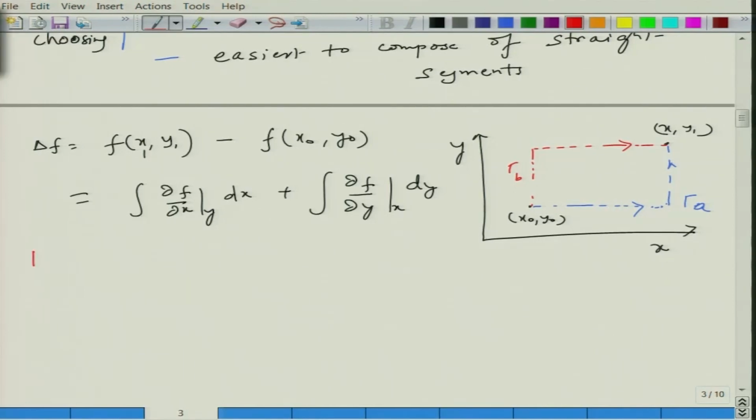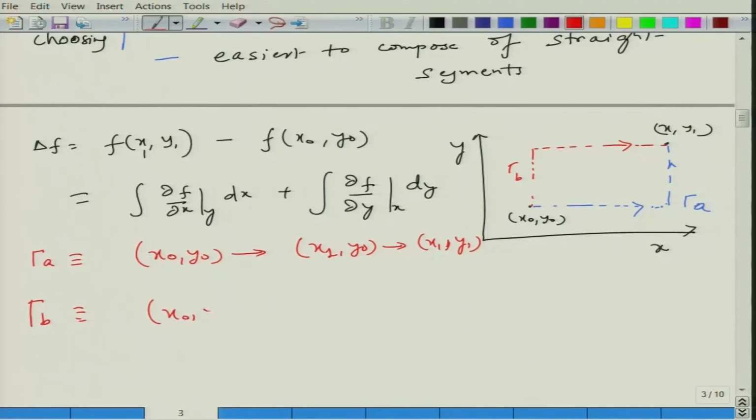So, let me write it out here. Gamma A is x0, y0, that is the initial point, then it goes to x1, y0, then finally to x1, y1. Gamma B is x0, y0 to x0, y1 to x1, y1.